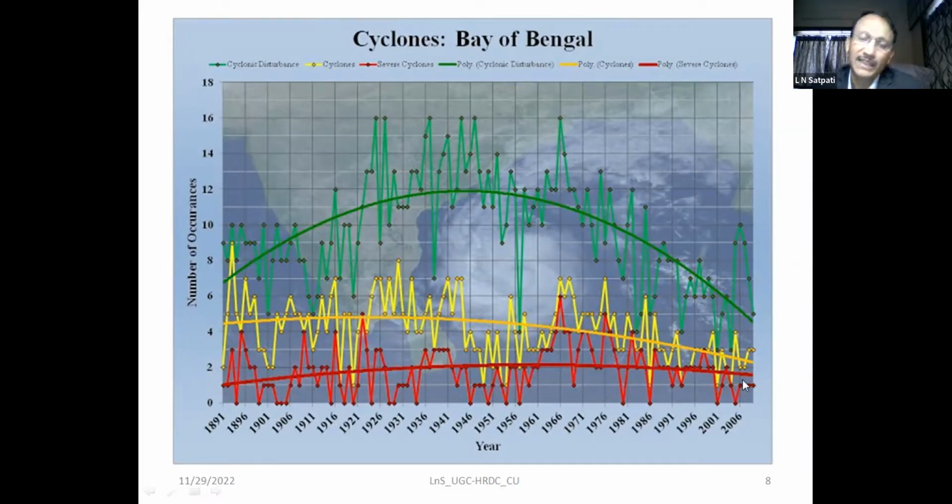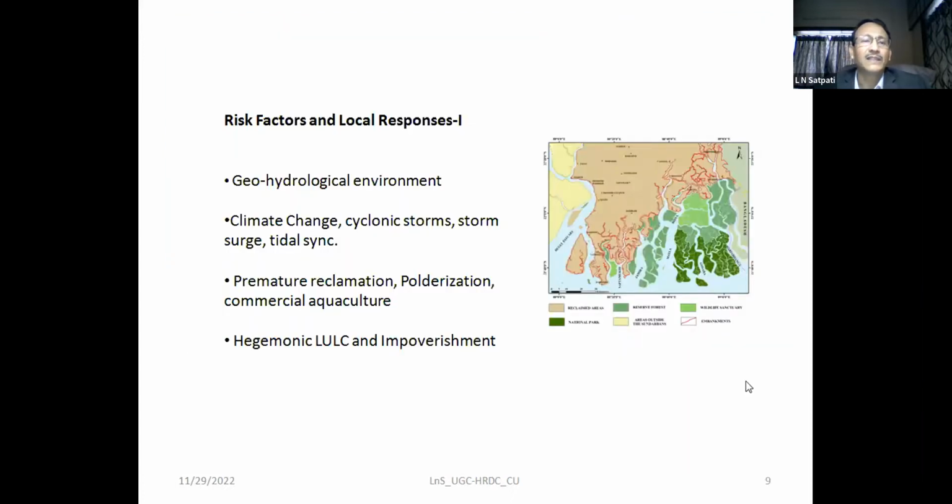That means if the intensity of the cyclones increases, definitely they will lead to more storm surge, and these storm surges will breach the fragile embankments. The embankments were constructed long back.